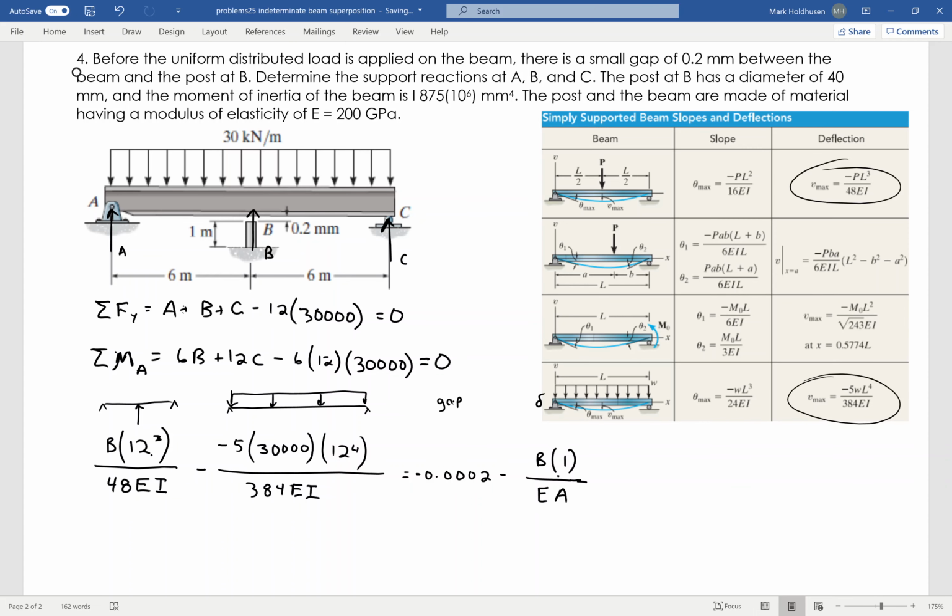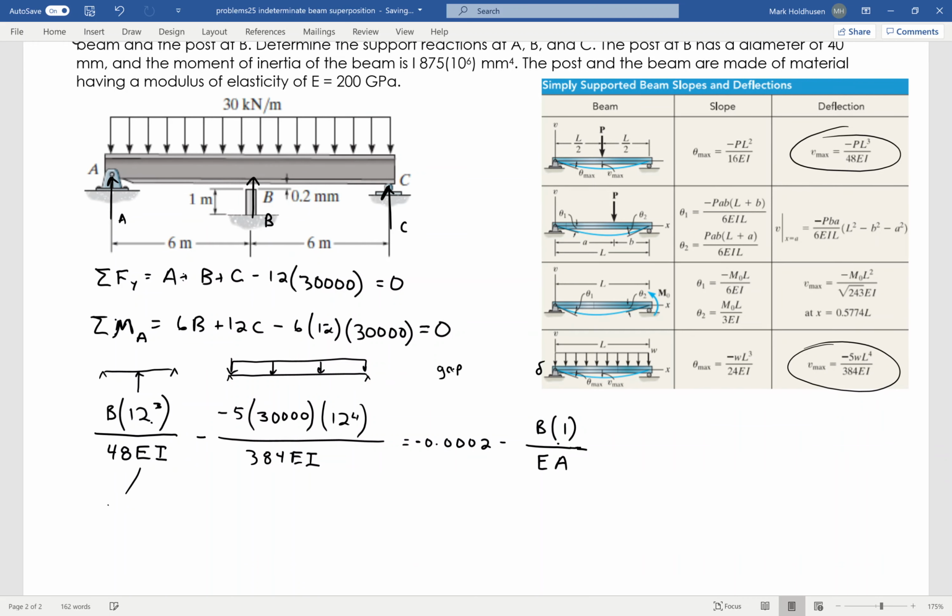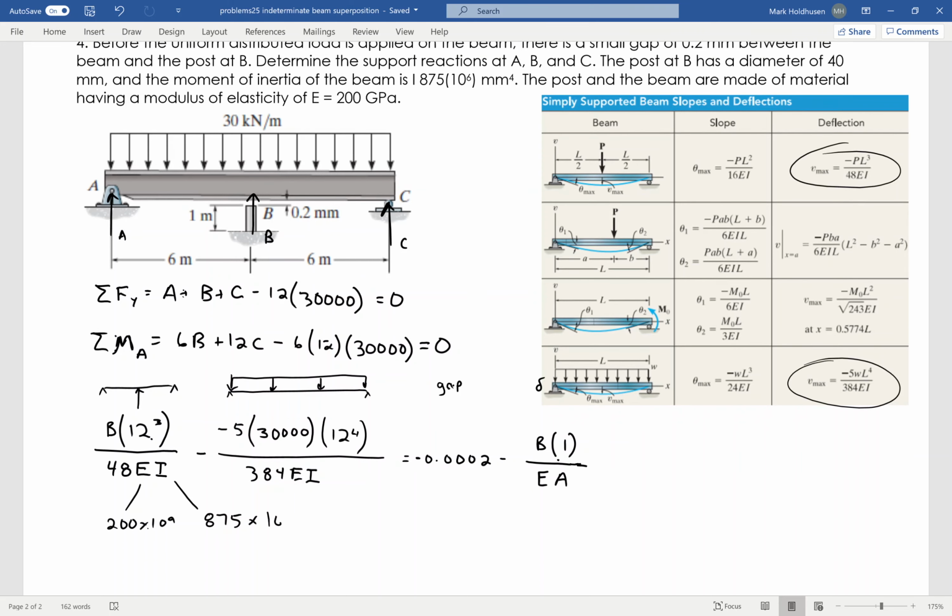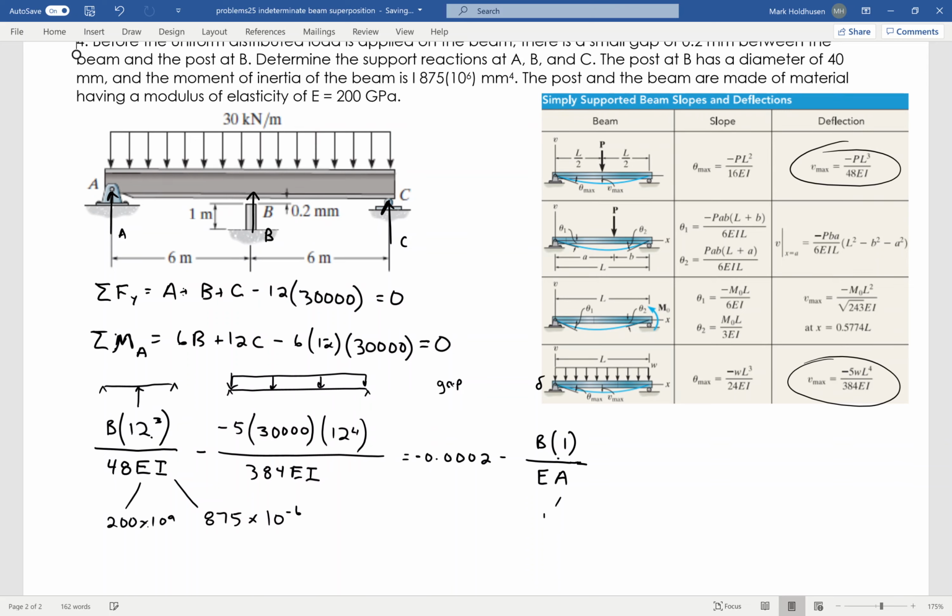So that's good. This guy is 200 times 10 to the 9. This guy is 875 times 10 to the negative 6 in meters. And then A is going to be pi over 4 times 0.04 squared.